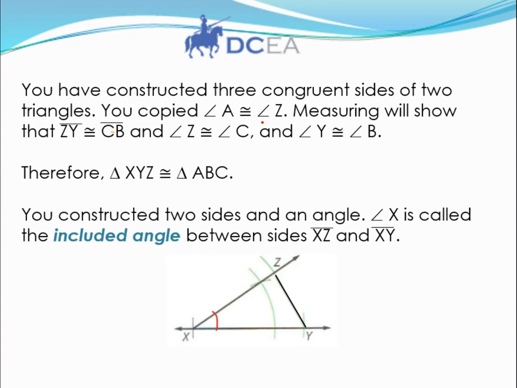This drawing has more than one included angle. You could also have angle Y included between XY and ZY. You could also have angle Z included in between YZ and XZ. Make sure you understand the concept of included angle.